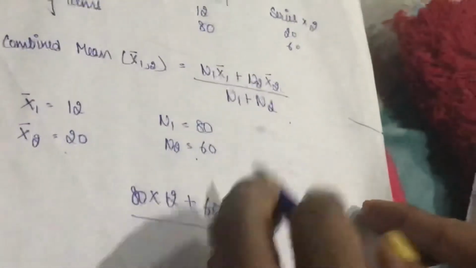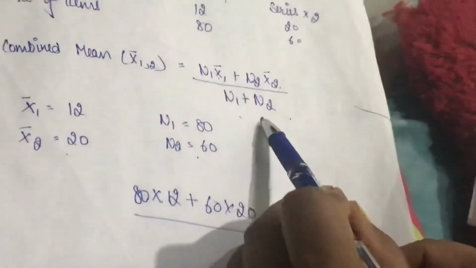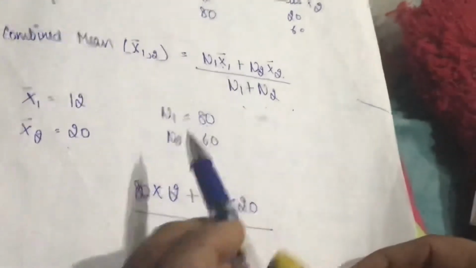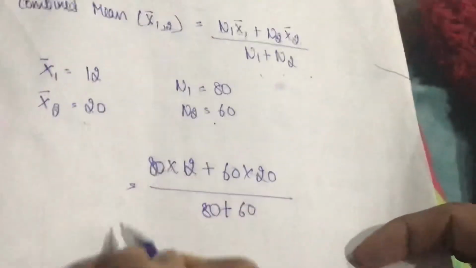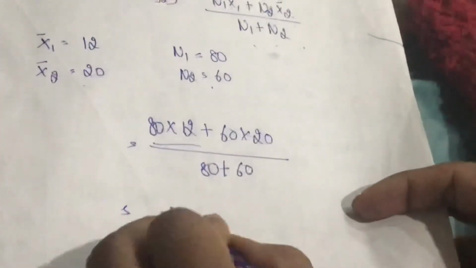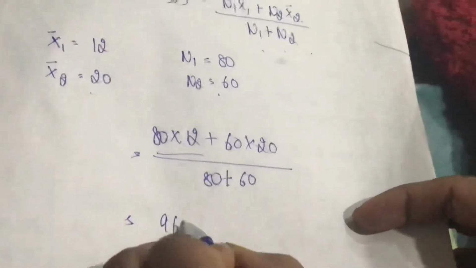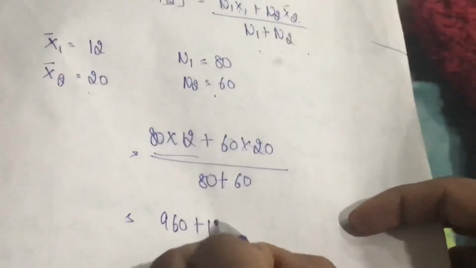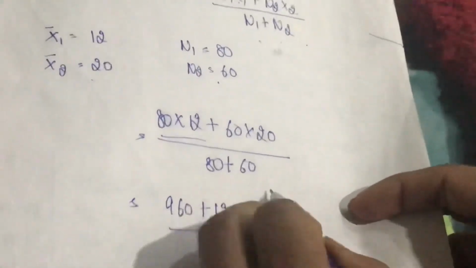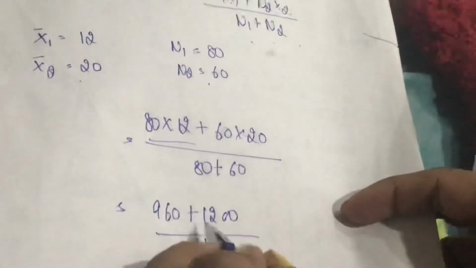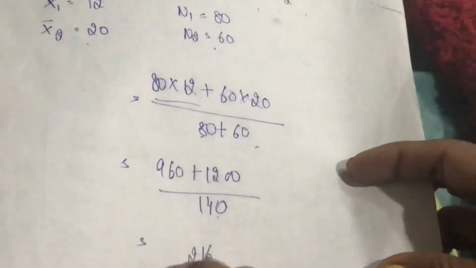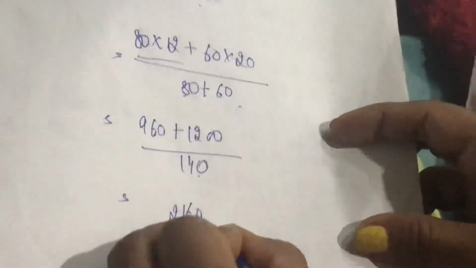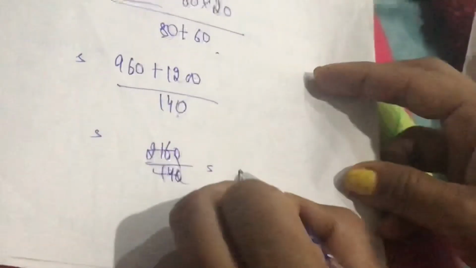Clear? I am just putting the values over here. n1 plus n2: n1 is 80, n2 is 60. So 80 multiplied by 12 gives 960, here we get 1200, and this is 140. By adding, we get 2160 divided by 140, and if we divide it, we get the answer 14.43.